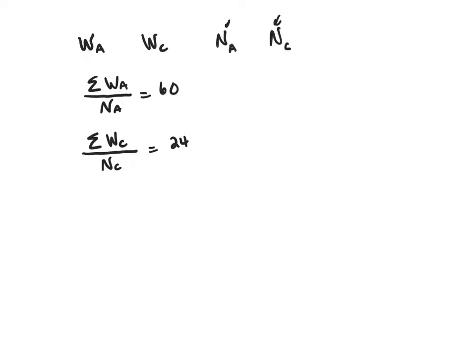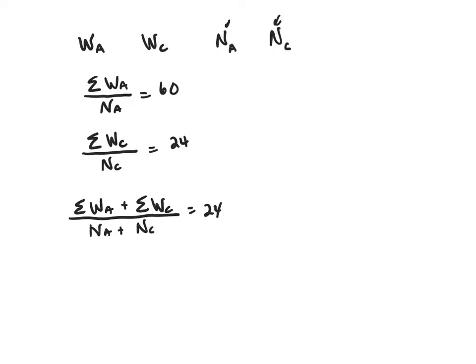And they also tell me the average weight of everyone is 30. So if I sum up the weights of adults plus sum up weights of children and divide by the number of adults plus the number of children, that gives me 30.